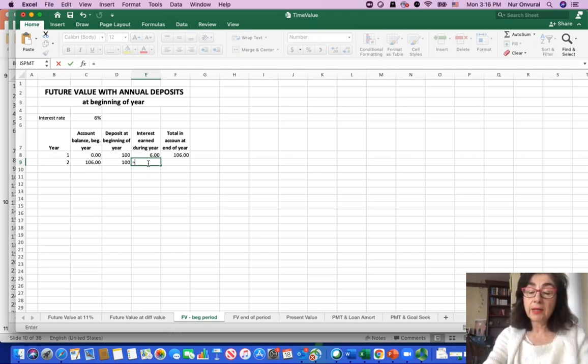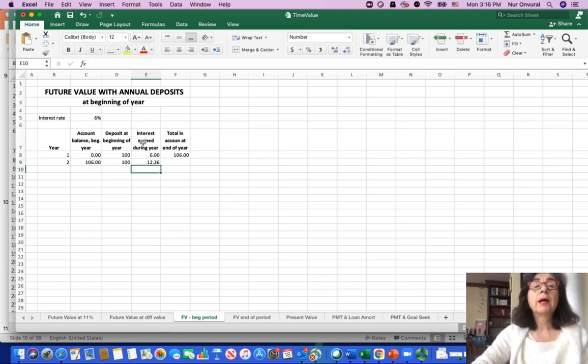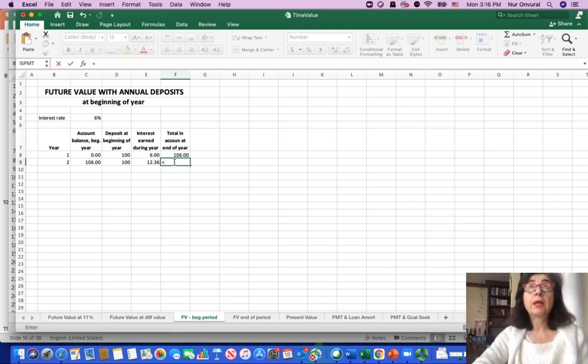So the interest right now is going to be equal to whatever we had in the bank plus the additional deposit multiplied by the interest rate, and then the total will be equal to this initial amount plus the $100 deposit plus the interest earned.